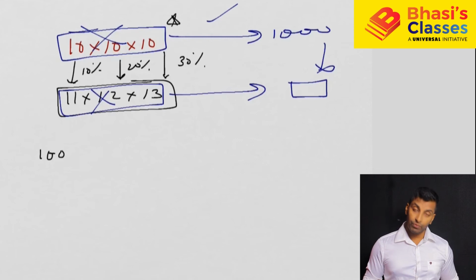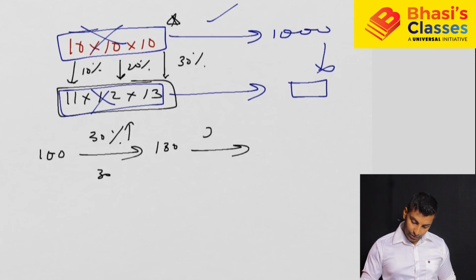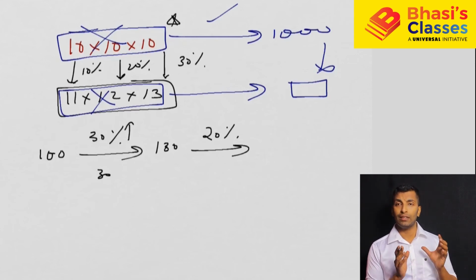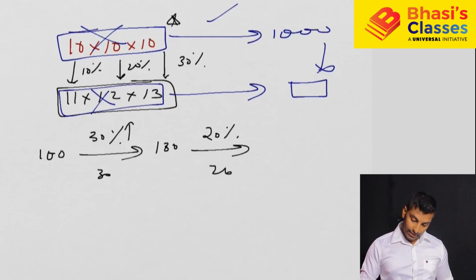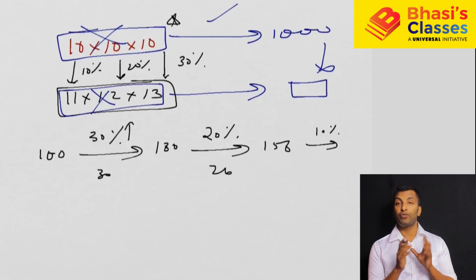So 100% was the initial case. Now you can see what is 30% increase. So 30% of 100 means 30. So it becomes 130. Then you can see what is 20% of 130. So how will you calculate that? 10% of 130 is 13. 20% means 26. So what you'll get is 156. Now we need to see 10% of 156. 10 percentage means 15.6.